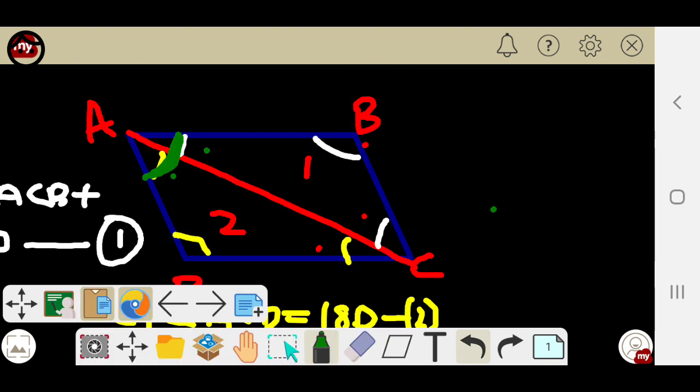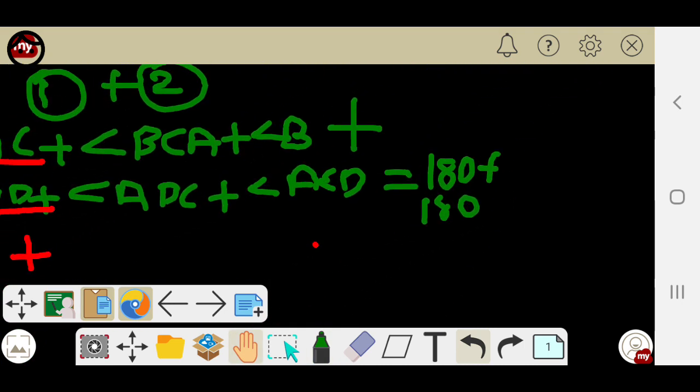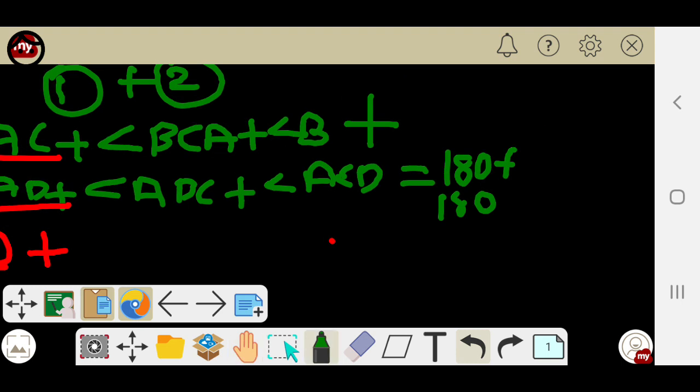Which one? BCA and this ACD, while adding, you will get a total angle of BCD. We added this BCA and ACD, and while adding you will get a total of BCD.